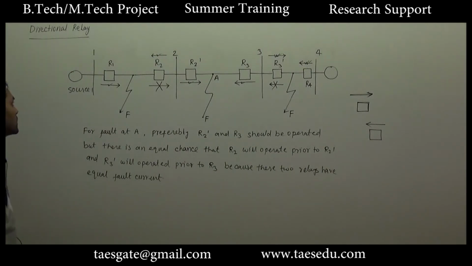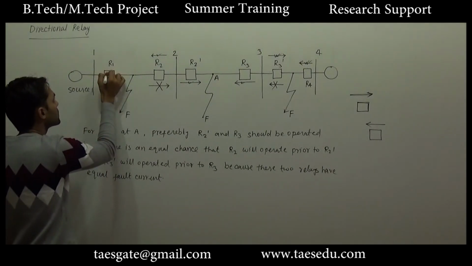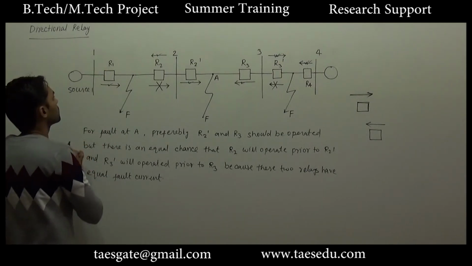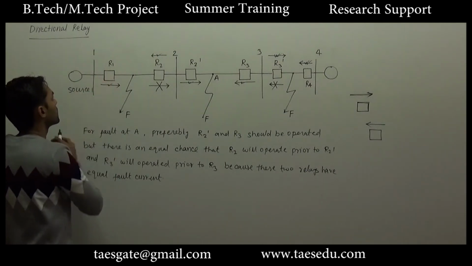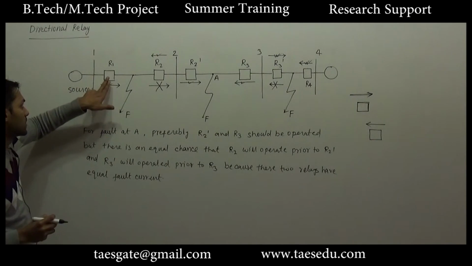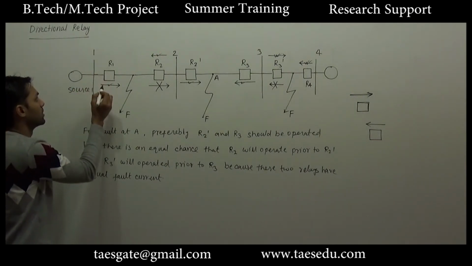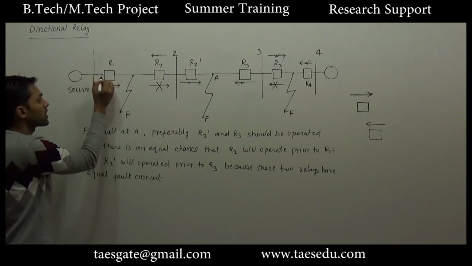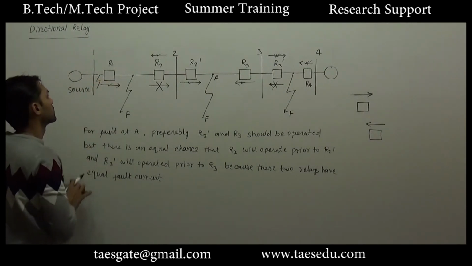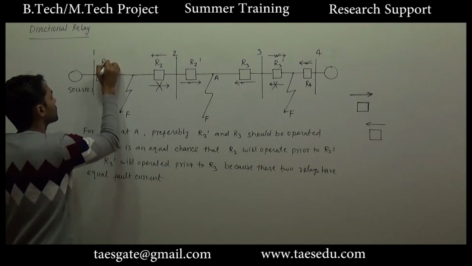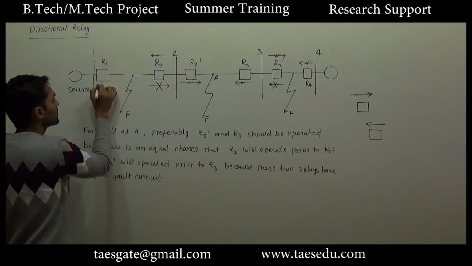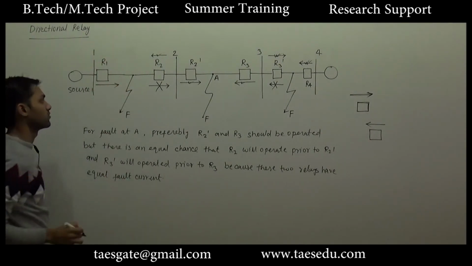You may also observe that since relay R1 is at bus 1, although I have shown a gap here, you have to consider that this relay is just after bus 1. You never have to consider a fault at this point. The direction of fault current in relay R1 will always be from left to right.